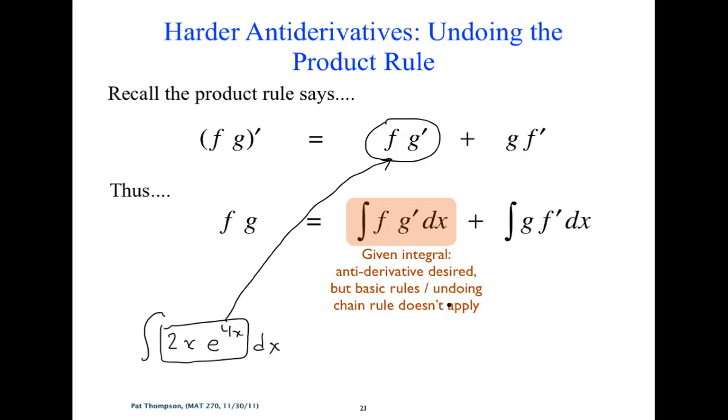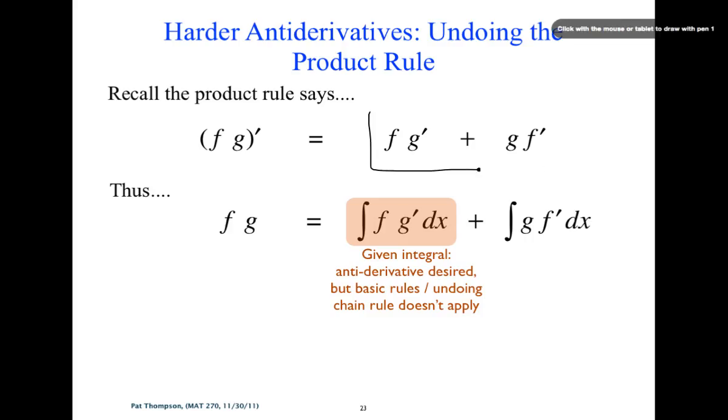See, here's the thing. When you're given a problem of this type, you're not given the antiderivative of that. You'd just be given the antiderivative of one of the two.